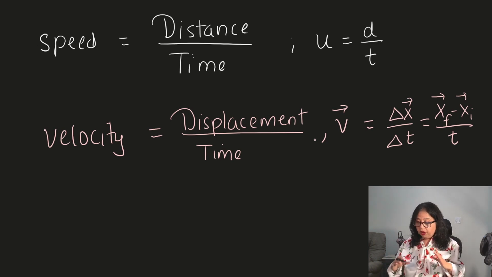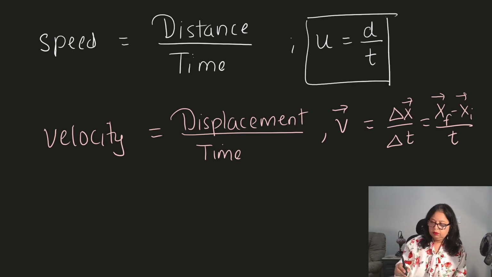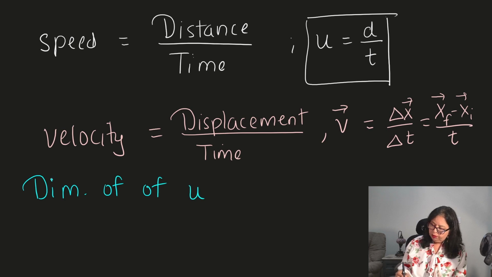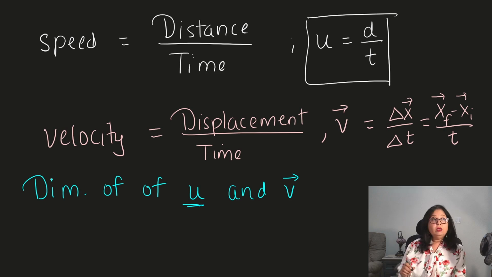But for now, as long as you understand that the formulas for speed and velocity both have distance or displacement, that is, length, in the numerator, and in the denominator of both of these quantities you have time. So next, let's see how we can get the dimensional formulae of u, which is speed, and v, which is velocity.